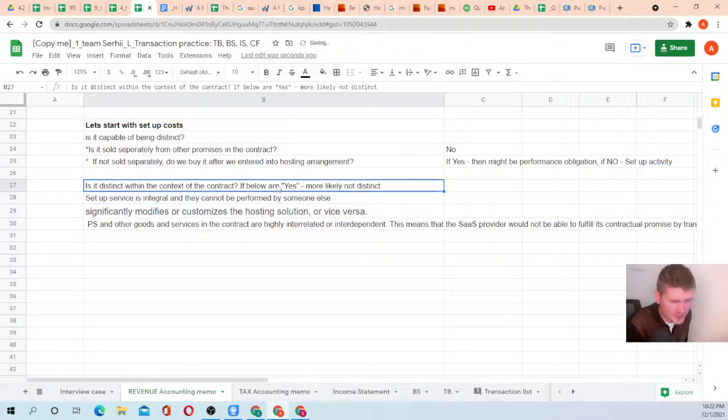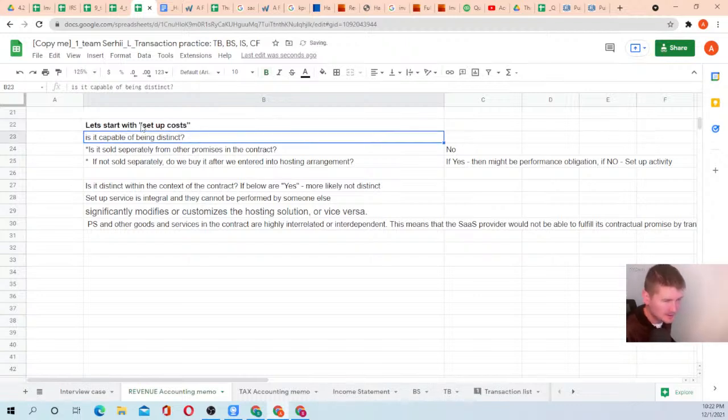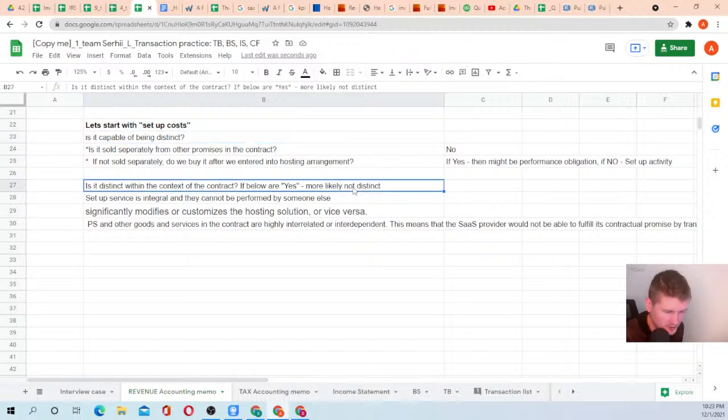So if we answer yes to the below questions, it is more likely that our setup costs are not distinct, and therefore they will not be a part of our promises.